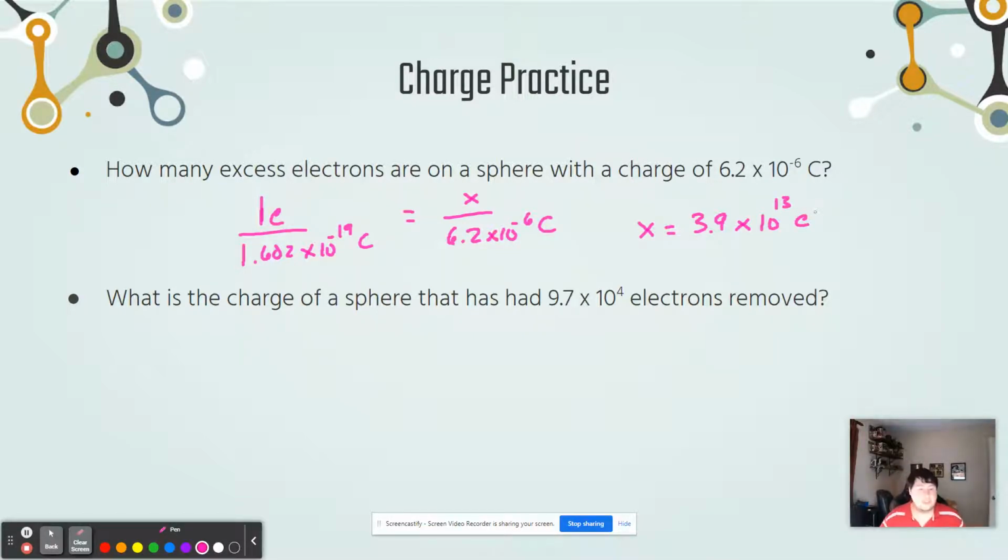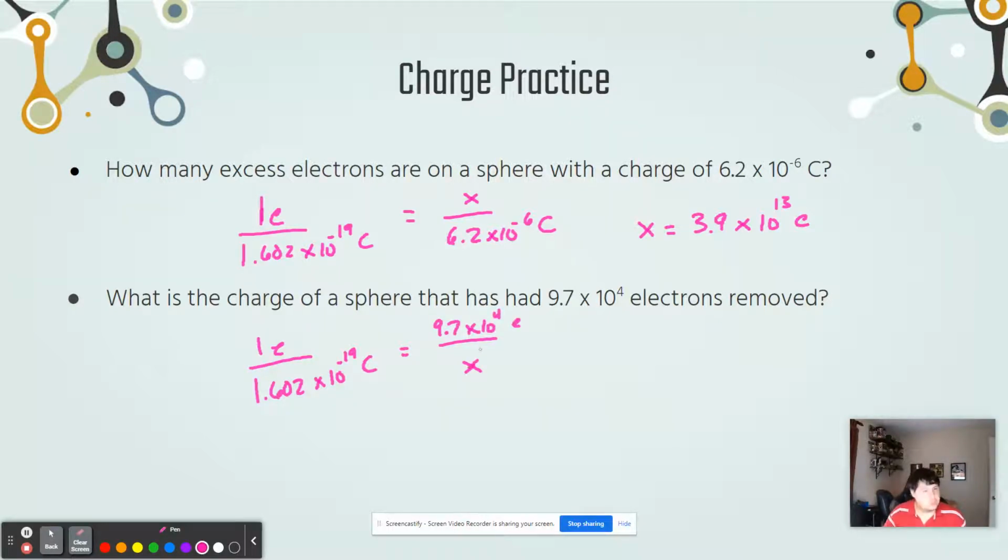Then, what is the charge of a sphere that has 9.7 times 10 to the 4th electrons removed? Here I'm going backwards. I still know that same ratio: one electron is 1.602 times 10 to the minus 19th coulombs, and I want to figure out the charge of 9.7 times 10 to the 4th electrons.